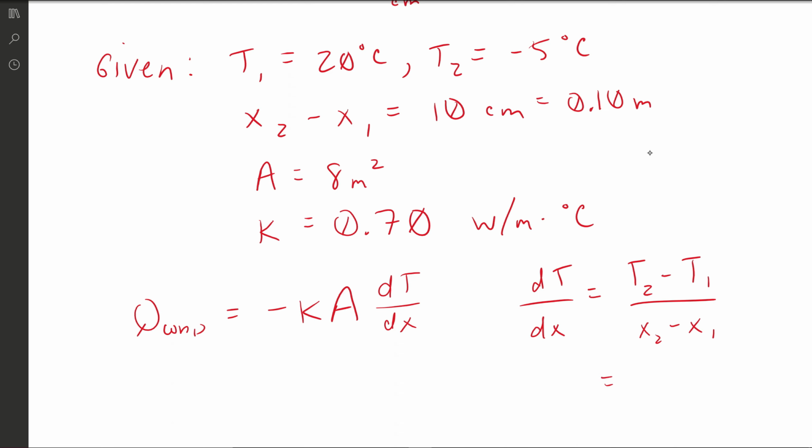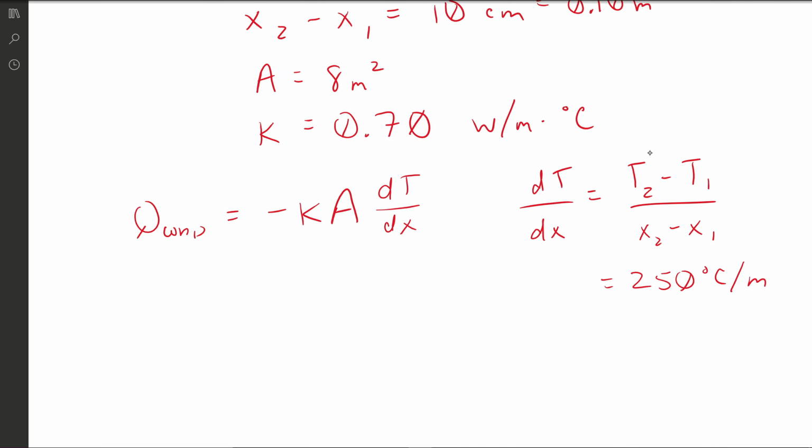So what does that get us? Crunching the numbers in, the -5 minus 20, and x2 minus x1 was already given as 10 centimeters, which is 0.10 meters. Doing that number crunching, we get about 250 degrees Celsius per meter.